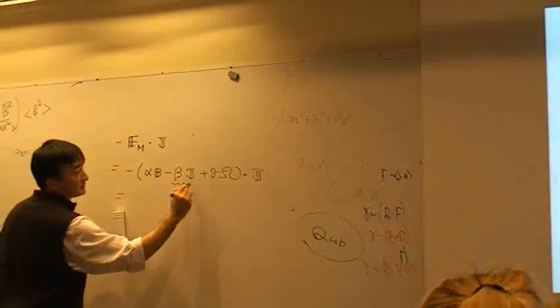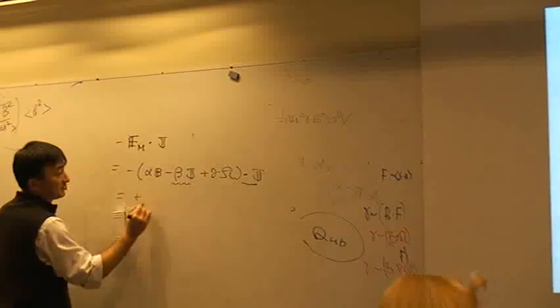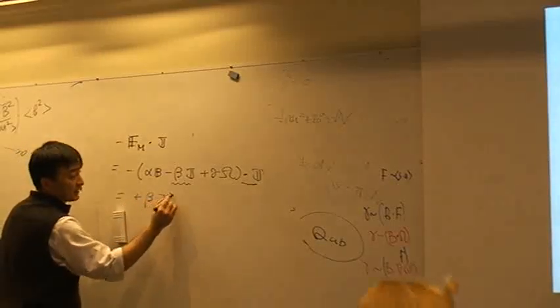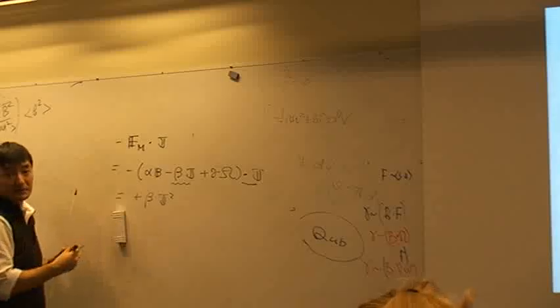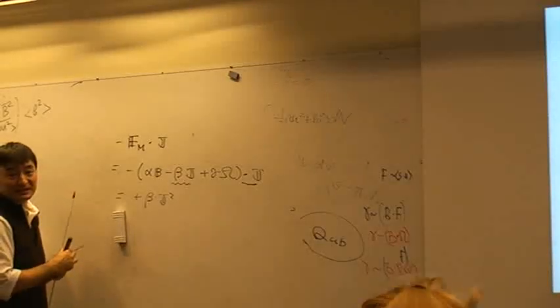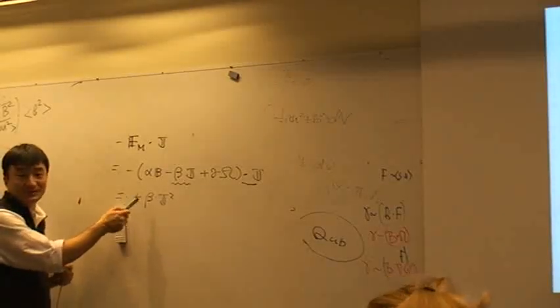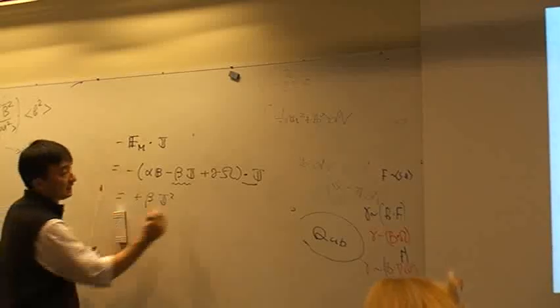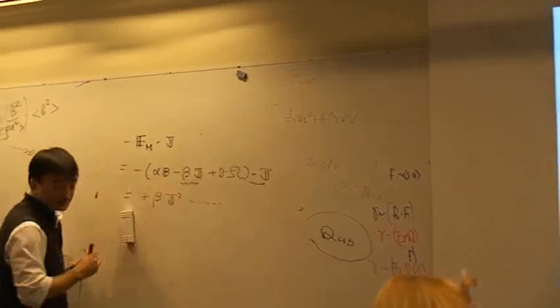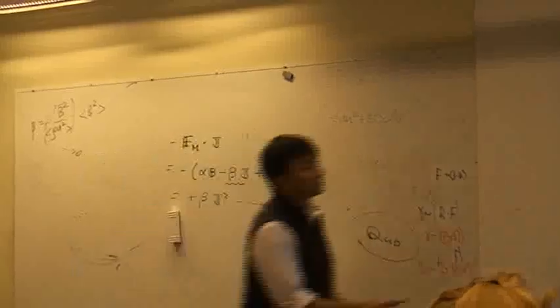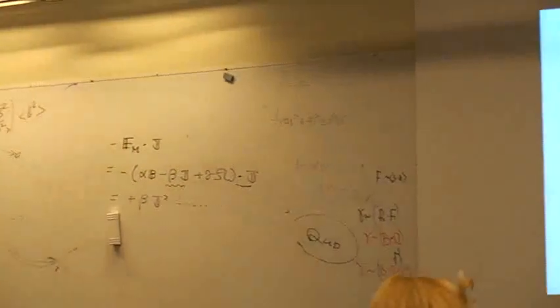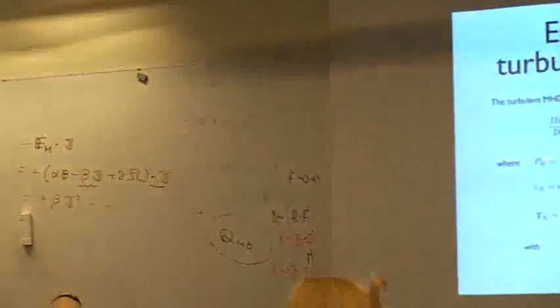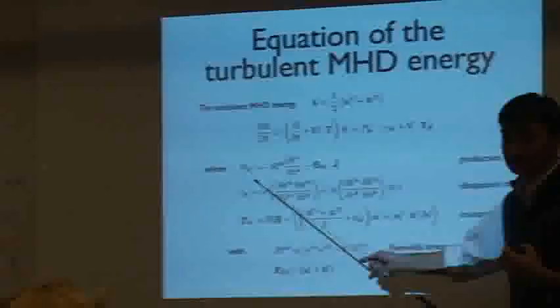The primary effect is this one. So we have first this type of turbulent, if I dare to say, turbulent Joule dissipation. And also something else. From the turbulent electromotive force, we have a production of turbulence.